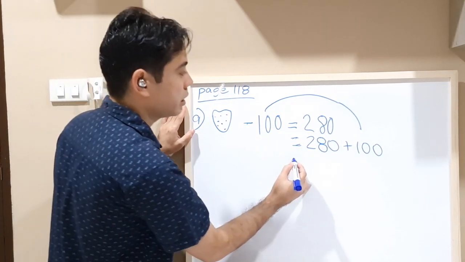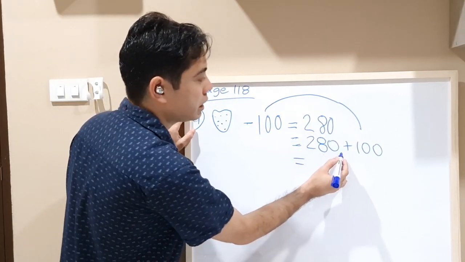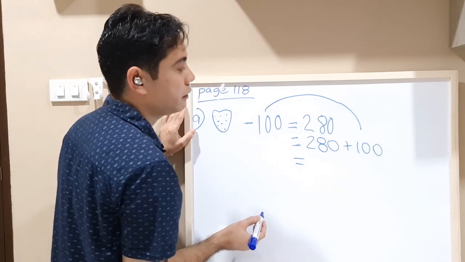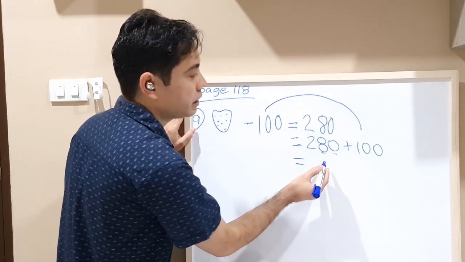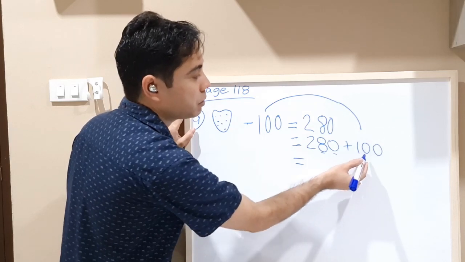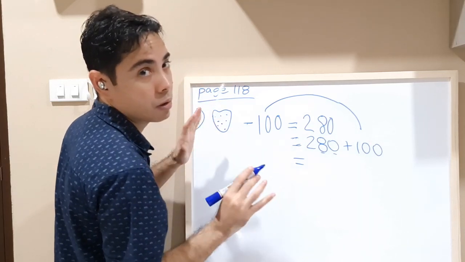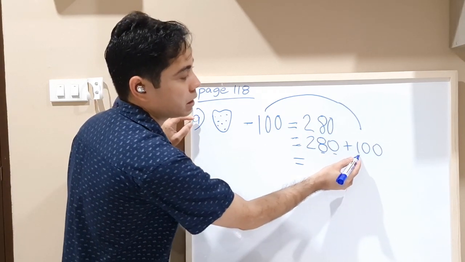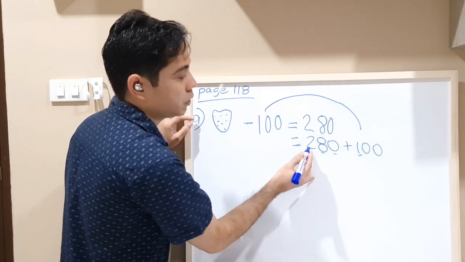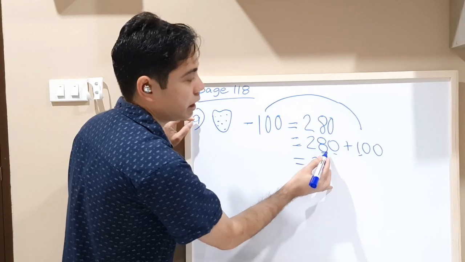Now we can add. 280 plus 100 will give you, remember the place value, 0 plus 0. It has no value, right? It's 0. So we can go to the hundreds place. 1 plus 2 is 3. And copy.